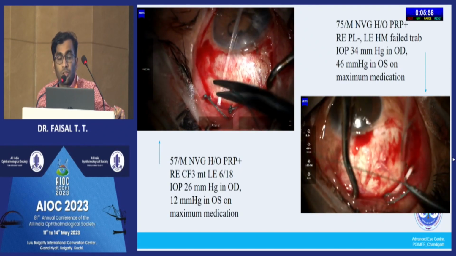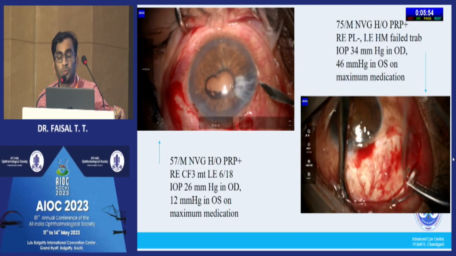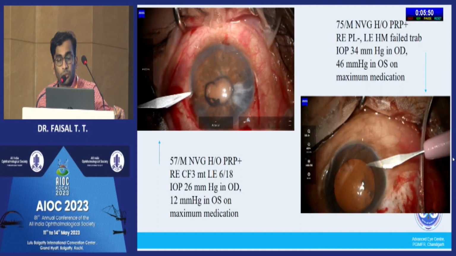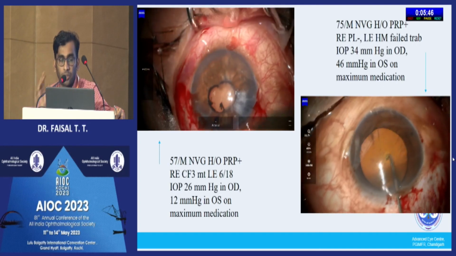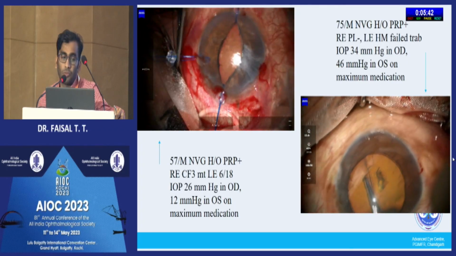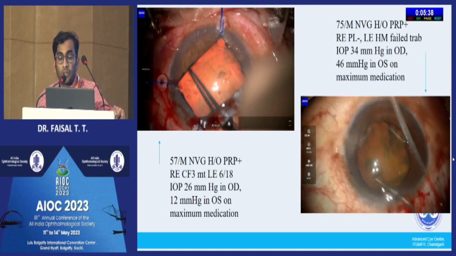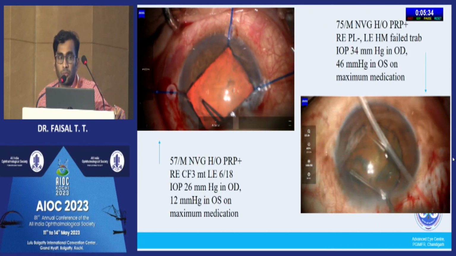And once you fix the tube, now you can go with your cataract surgery. As we do routinely, in the first case there is synechiae, so I did synechiolysis and mydriasis using iris hooks. Whatever technique you feel like, whatever chopping technique you are comfortable with, can be used.